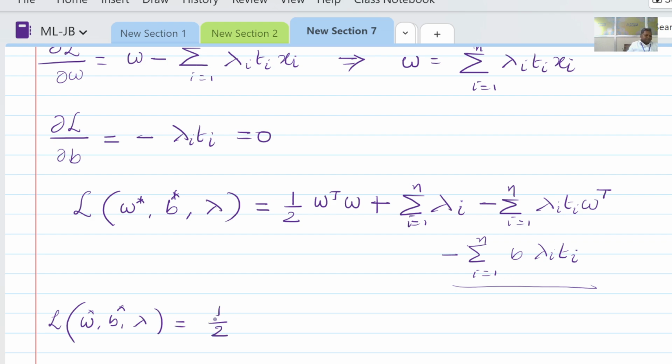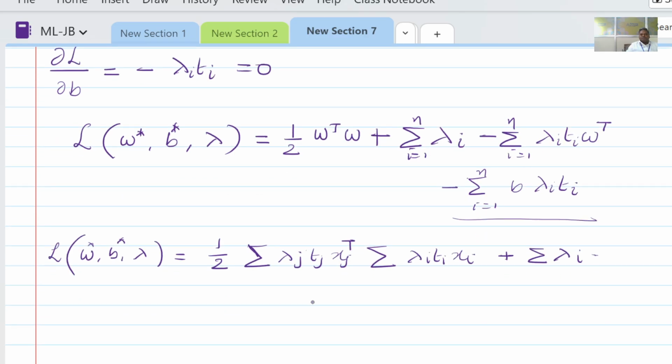Half W transpose is sigma lambda, let us take one as j, lambda j tj xj transpose, into this is i, lambda i ti xi, plus this will be lambda i, and this will be minus, already i is there, sigma i is equal to 1 to n lambda i ti xi, transpose can be expressed as j is equal to 1 to n lambda j tj xj transpose.